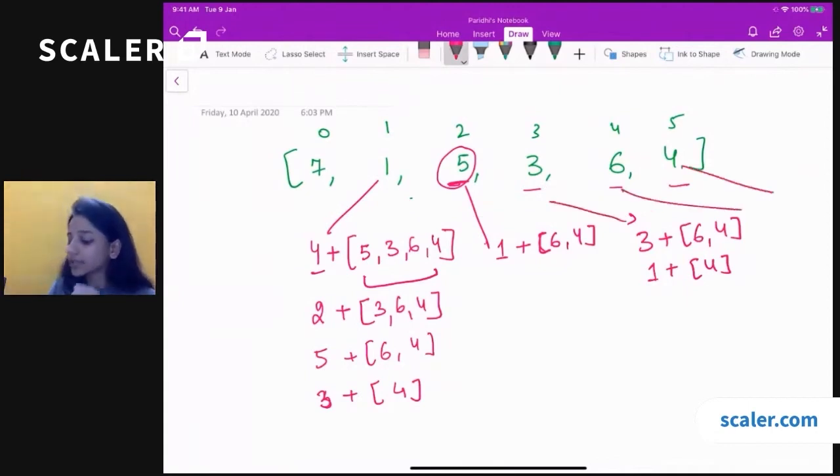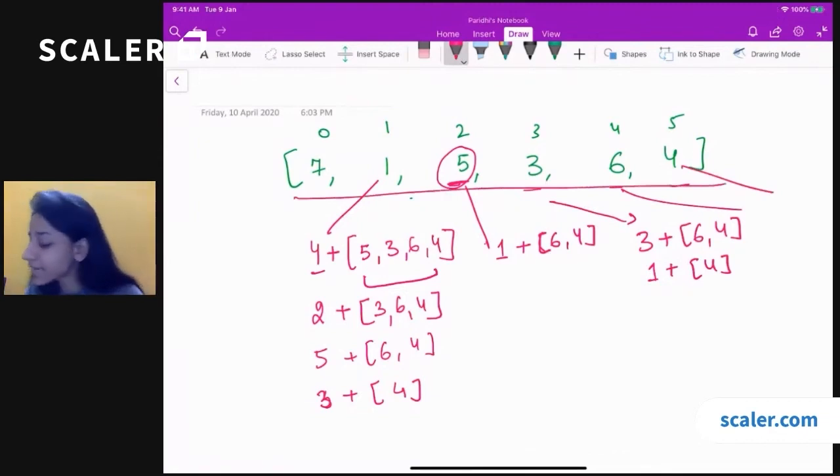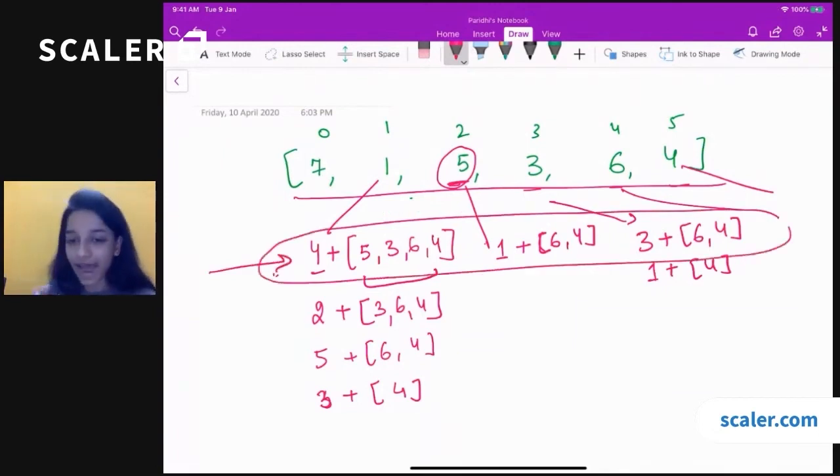Now there are n elements, and if you see from this visualization that I have created, on the first level, for n elements, we are having n iterations, n possible cases. So that will give the time complexity of order of n square, right?